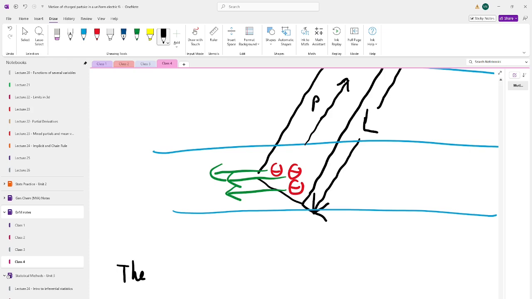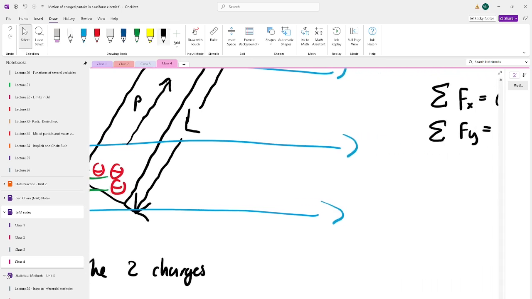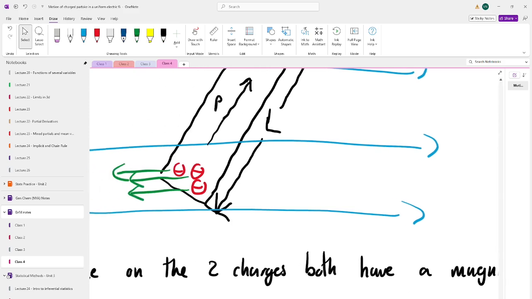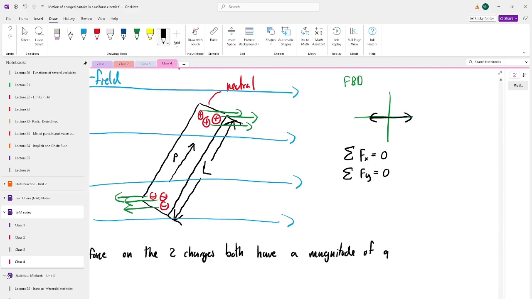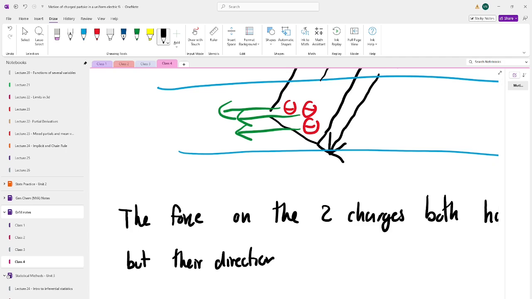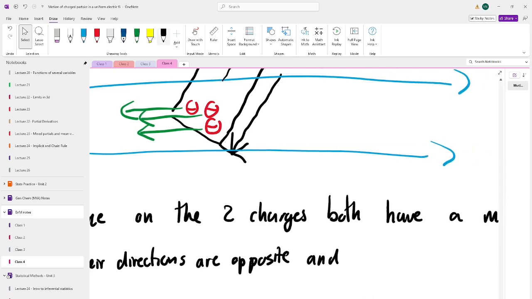So I can write it down. The force on the two charges both have a magnitude of QE, but their directions are opposite, and they add to 0.